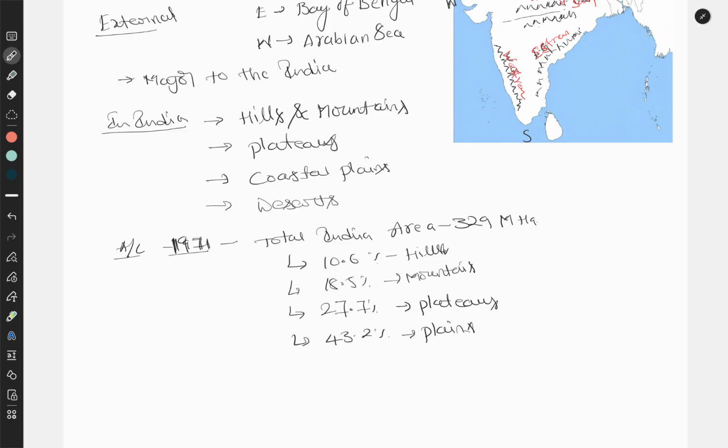According to NSO recent statistics, the total India area is 329 million hectares.